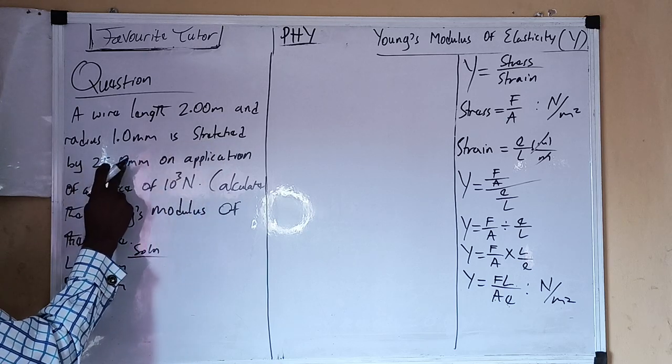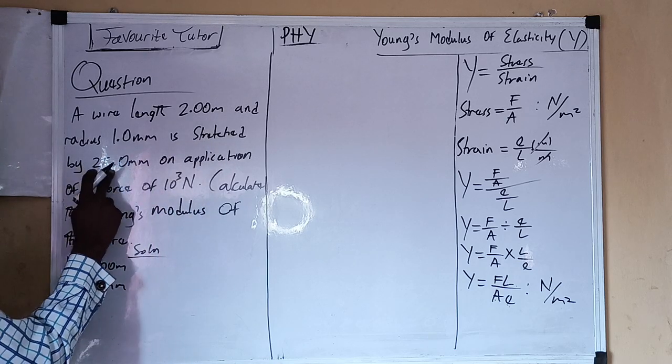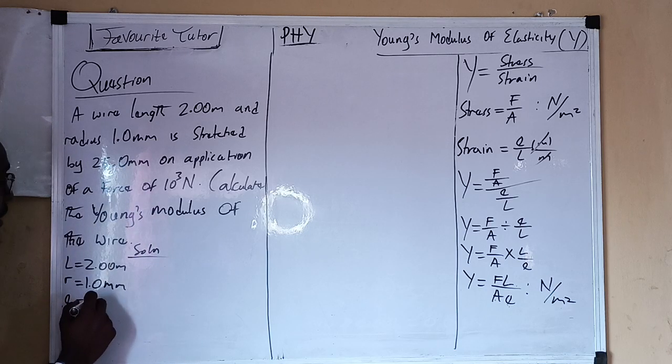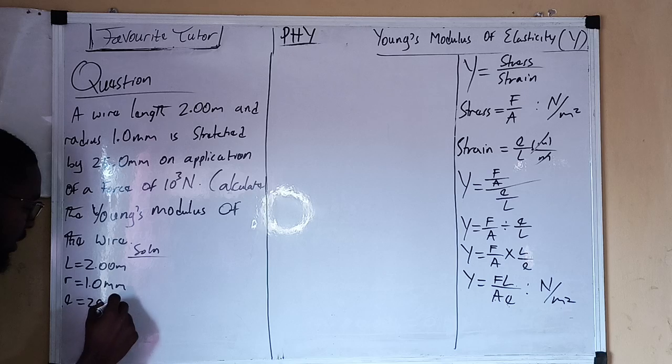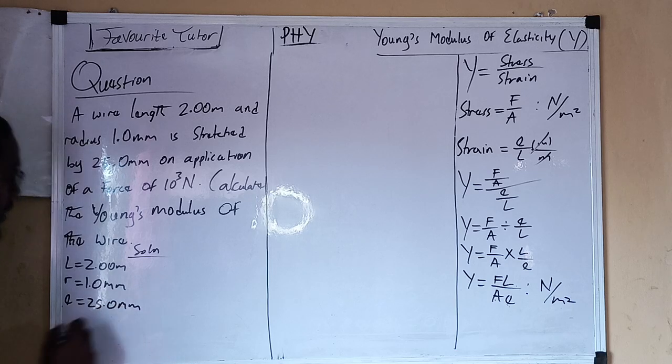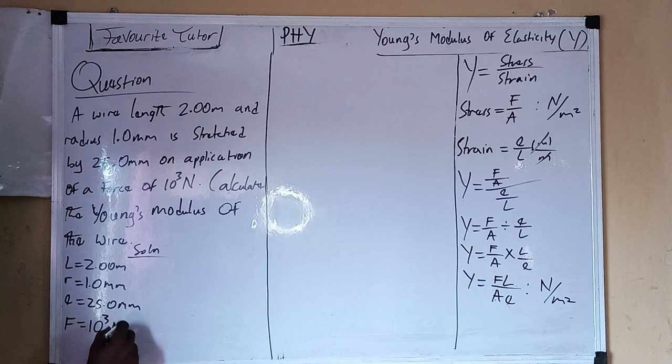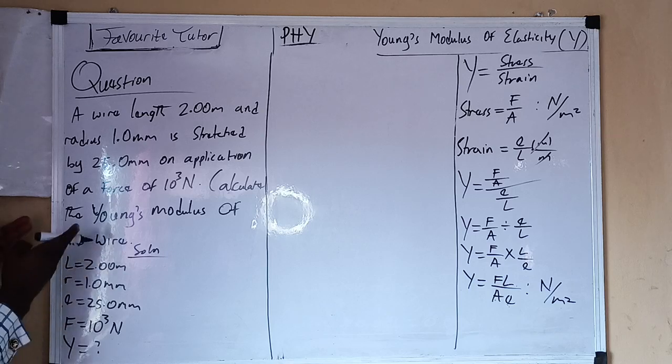It is stretched by 25.0 millimeter, which is the extension. On application of a force, the force is 10 raised to the power of 3 Newton. These are the parameters, and we are looking for Young modulus.